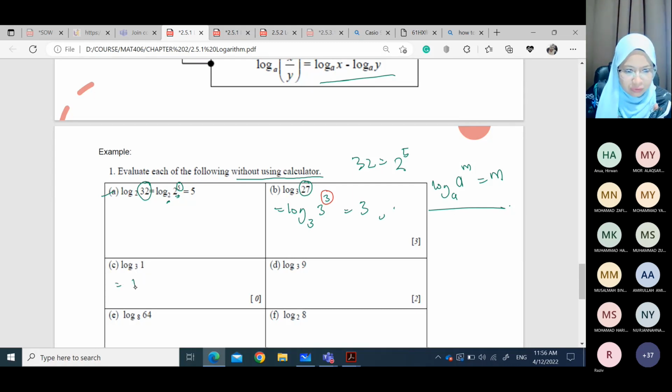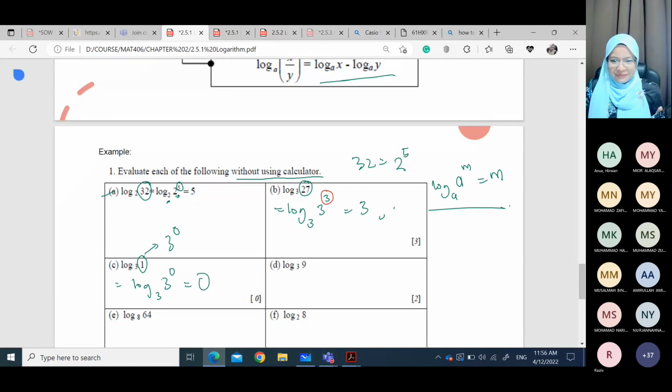So it is equivalent with log 3. 1 kat sini 1 sama juga dengan 3 to the power of 0. Kalau base dia kuasa kosong. So you akan dapat 1 jugalah. Okay, so here we can say that log 3 1. So it is also equivalent with log 3 to the power of 0. So the answer here is 0.